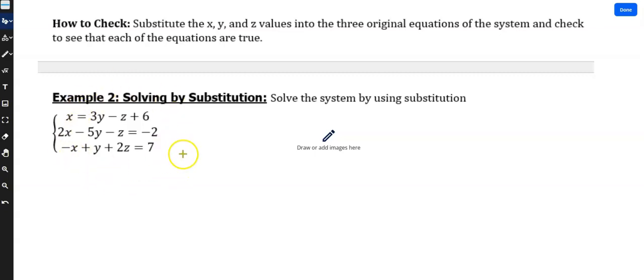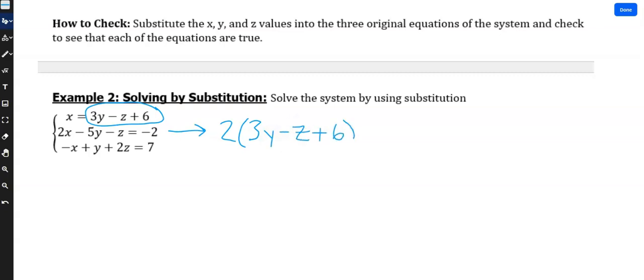Now, substitution. We're going to use substitution on this question. So let's see how we do this one. I can see that one of the equations is solved for a single variable, it's solved for x. So I'm going to use that and rewrite this second equation. 2 times (3y minus z plus 6) minus 5y minus z equals -2.